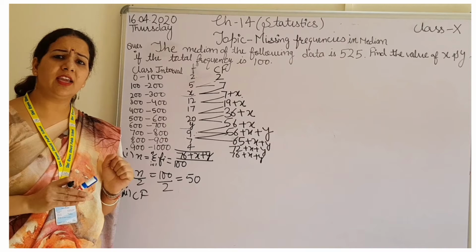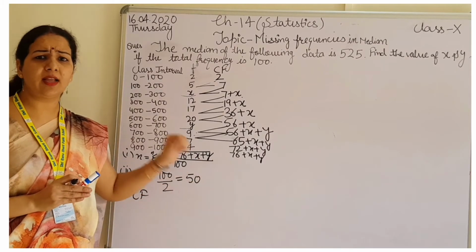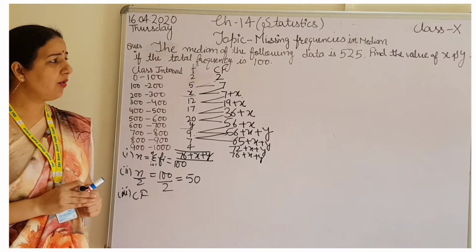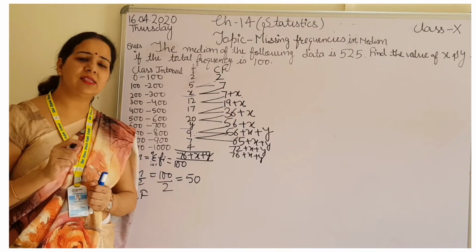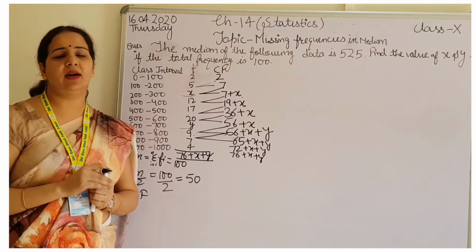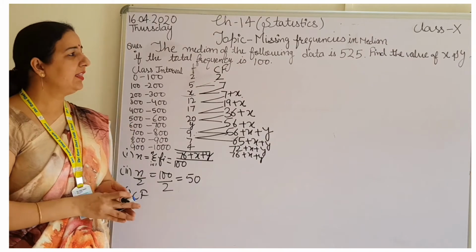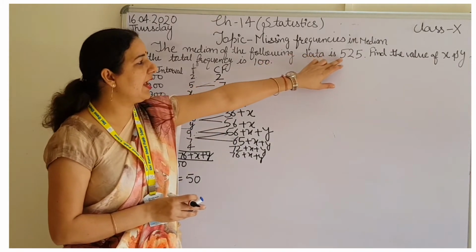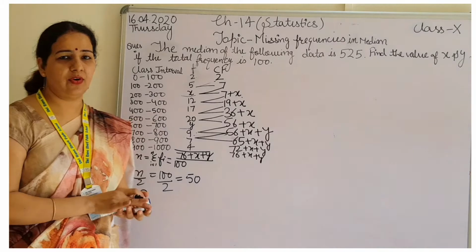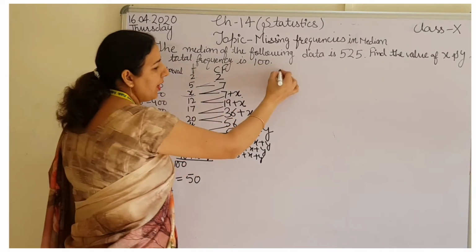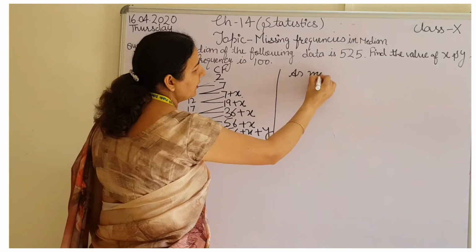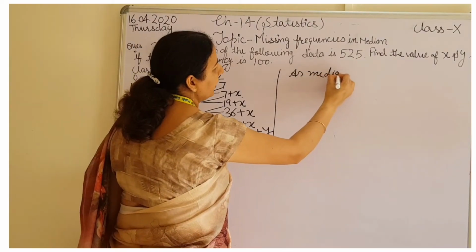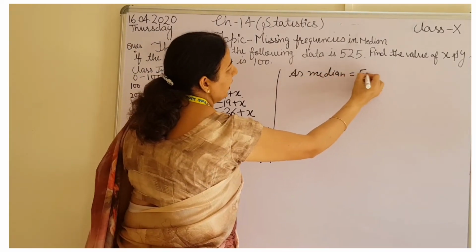Why are we taking so much tension regarding the median class? I already told you the answer of the median will always come from the interval only. They have given the median as 525. So what you have to write here is median is equal to 525.